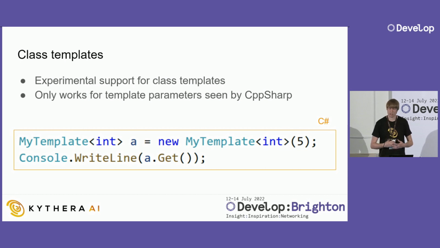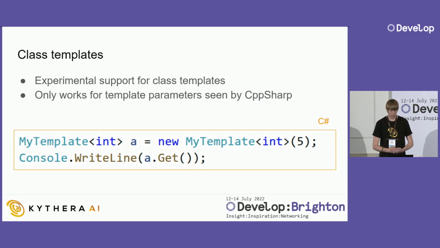It looks like C#, like you would expect the code to look. One thing you need to know is it only works for template parameters seen by CppSharp. So it will not guess what your users might be using. If it sees you use my template with int in your C++ code base, it will make sure you can use it with int in your C# code base.